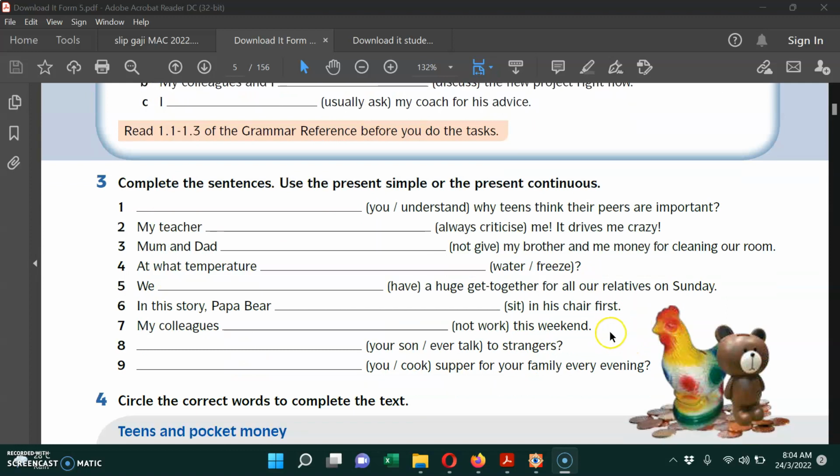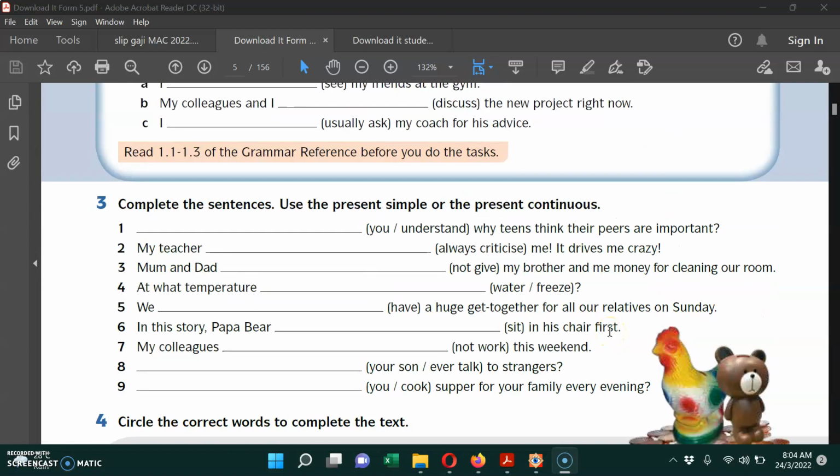Okay, exercise 3 and 4. These are the two exercises that you have to do. Let's take a look at the instructions for exercise 3. Complete the sentences. Use the present simple or present continuous. Number 1. Do you understand why teens think their peers are important?